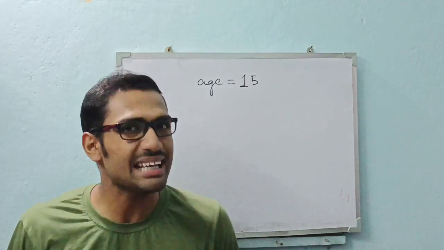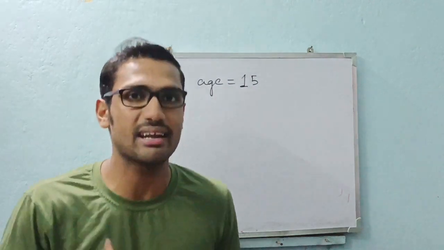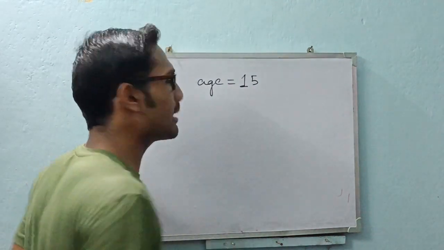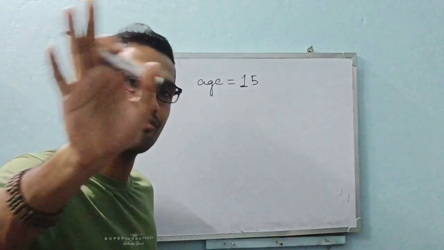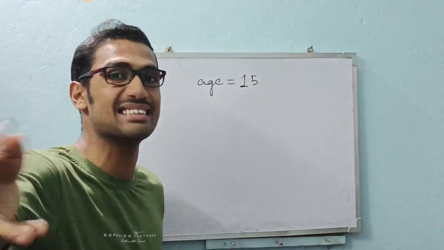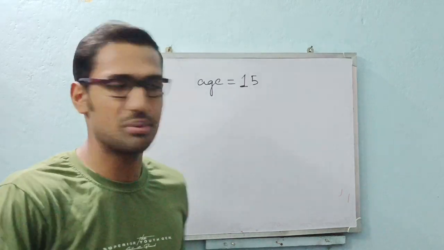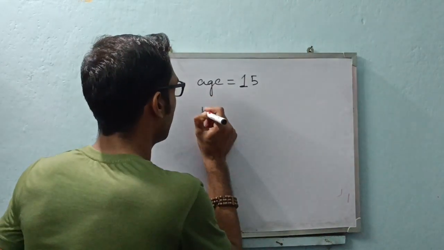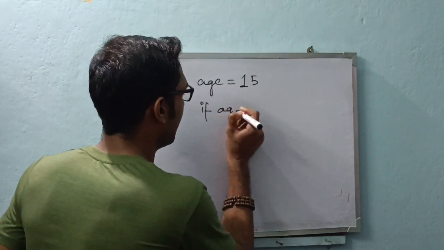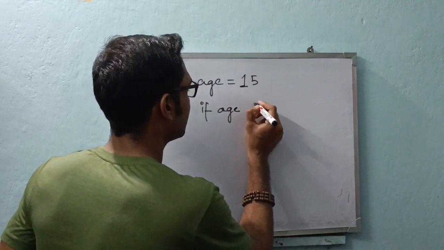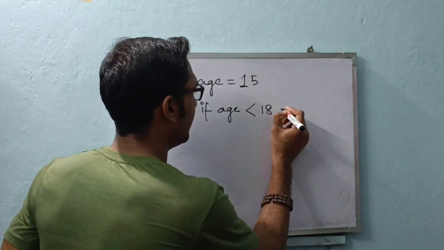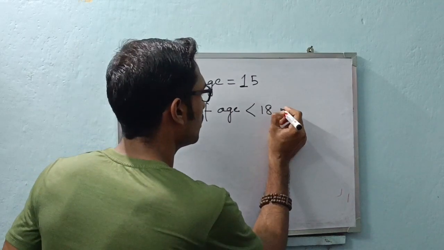And if the age is greater than 18, then what will happen, I will tell you. So the condition is: if age is less than 18, then a print message will be given that study hard and give your best. So if age is less than 18, colon, this one is the colon.